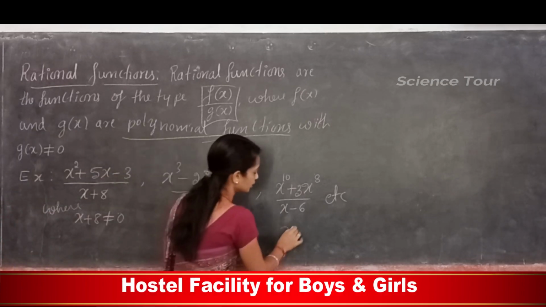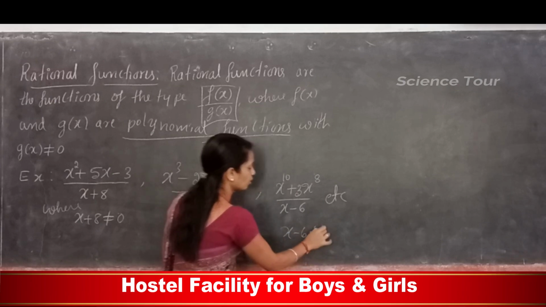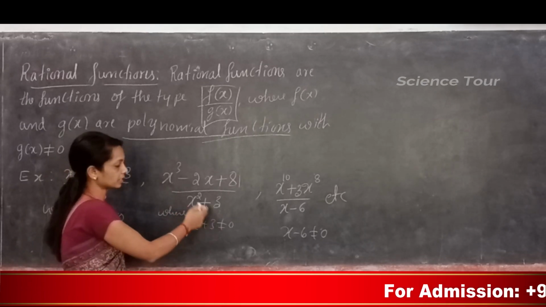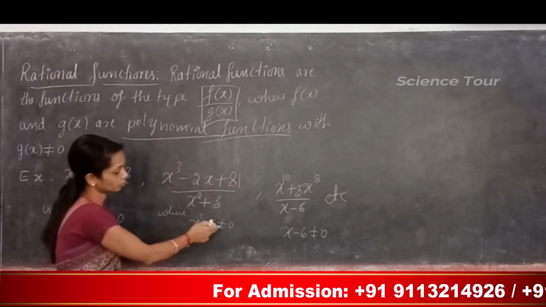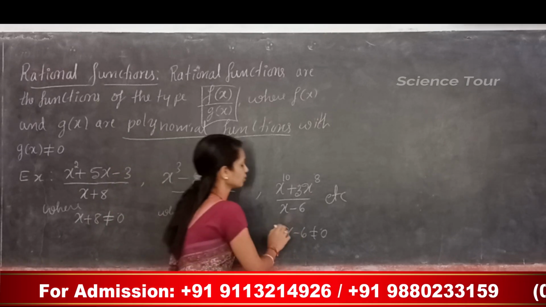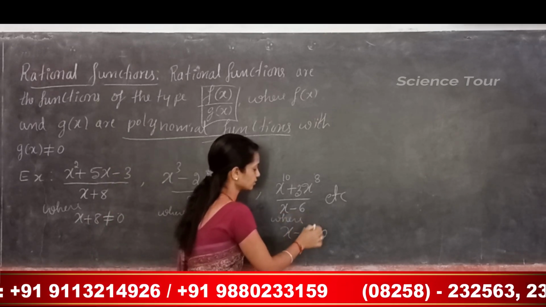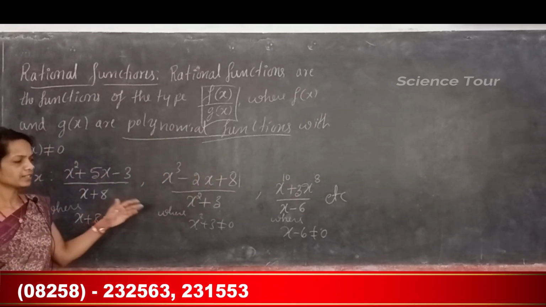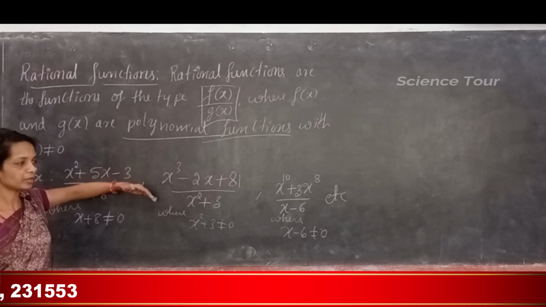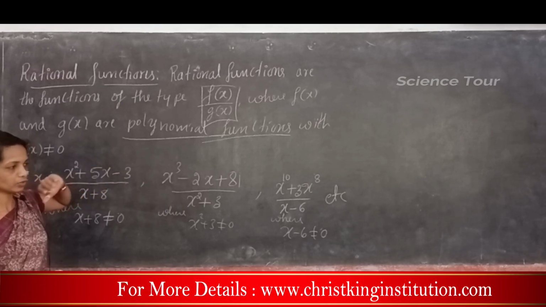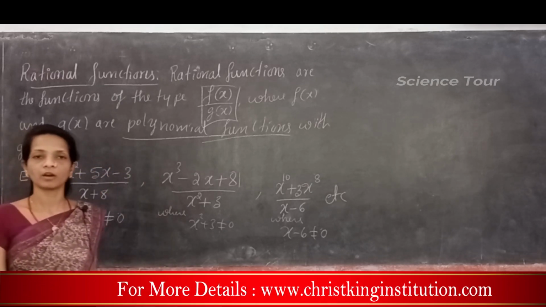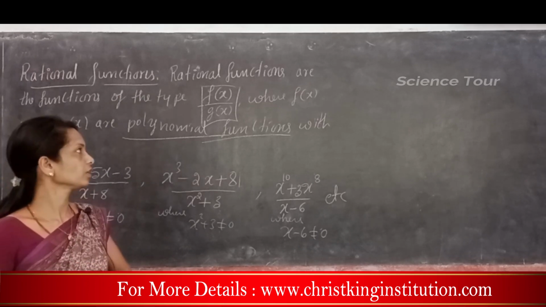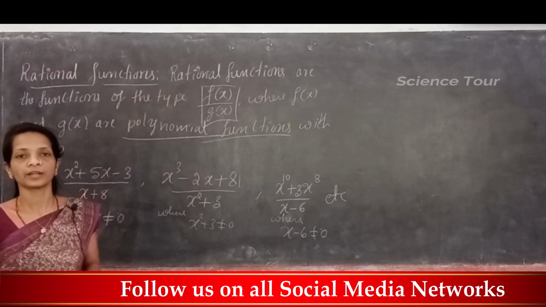And here the denominator polynomial x minus 6 is not equal to 0. You can give any example, but the numerator and denominator must be polynomial functions with the denominator polynomial not equal to 0. That type of functions are called rational functions.